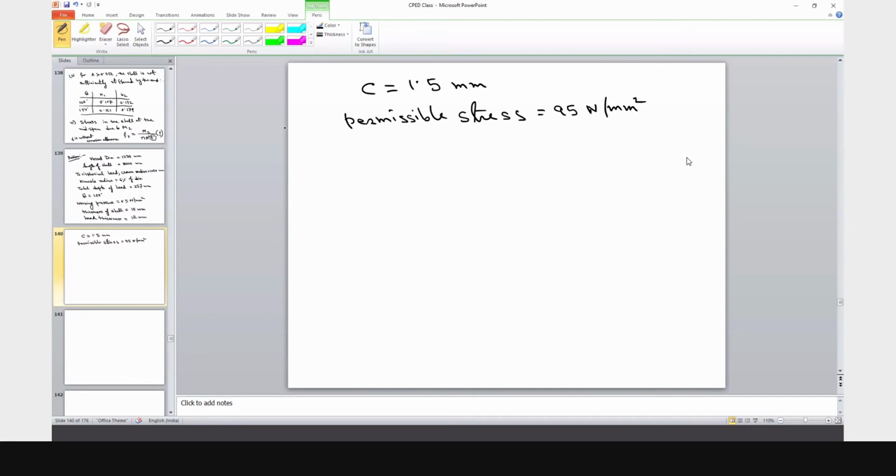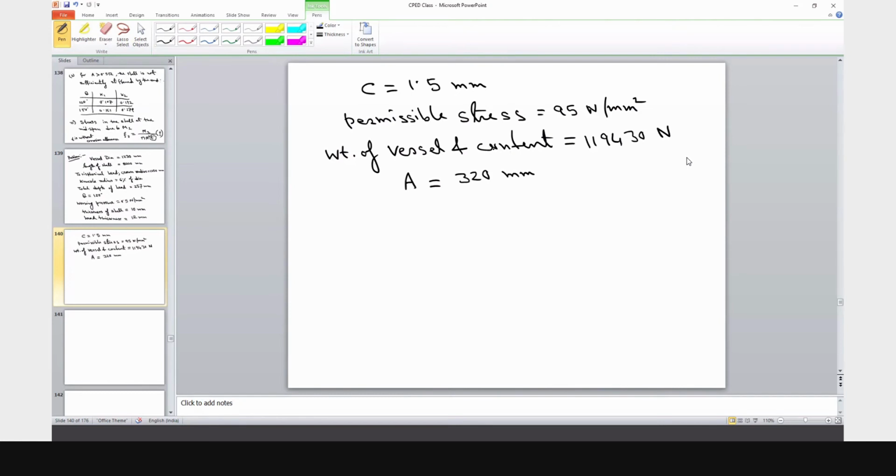Weight of vessel and its content is 119430 Newton. A value is given, that is the distance of saddle center line from shell end, A equal to 320 millimeter.